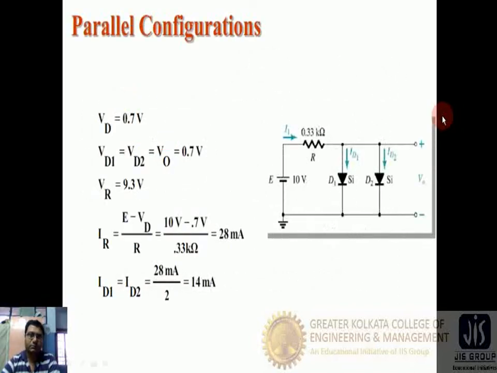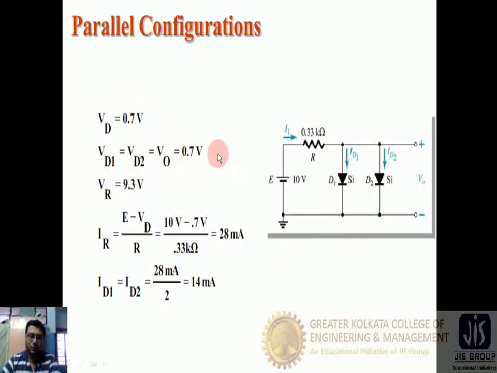Let's look at some mathematical expressions for these parallel configurations. Here in this case we have two diodes connected in parallel. Each diode has a cut-in voltage of 0.7 volt.